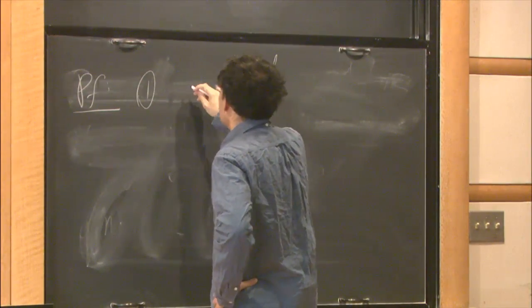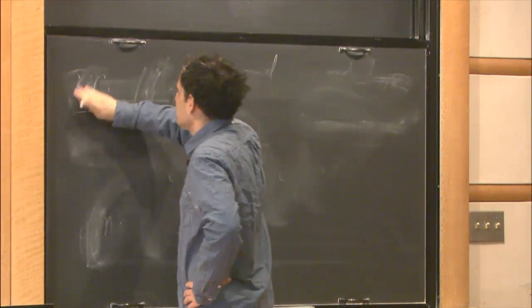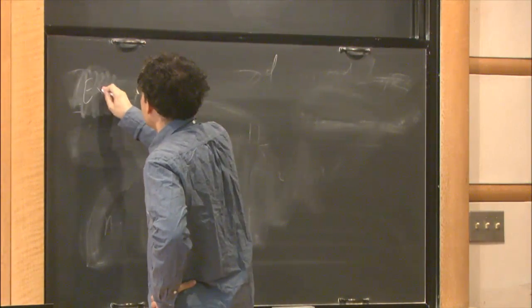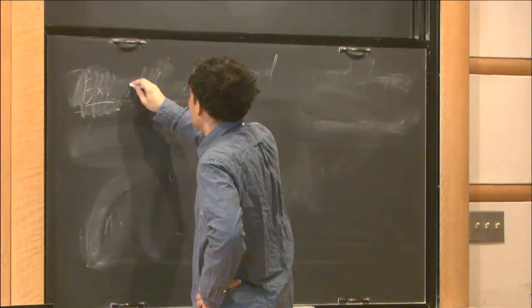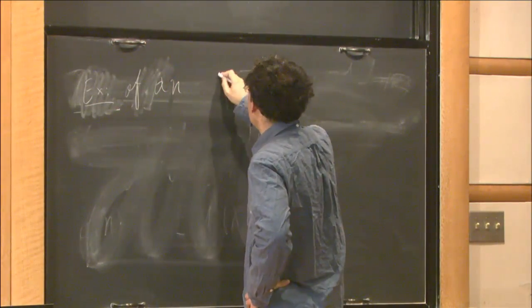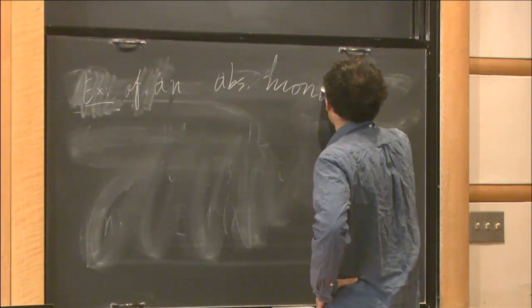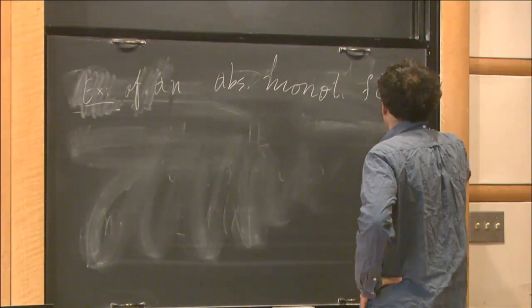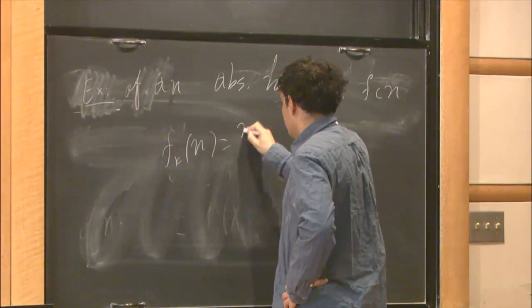By the way, before I start the proof, let me give an example, a prototype example of an absolutely monotonic function. I forgot to tell it before, a discrete absolutely monotonic function. It's just f_k of n equals n choose k.